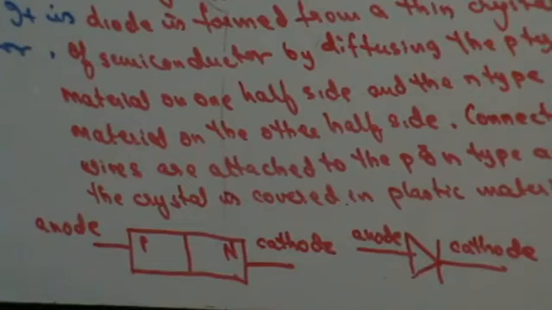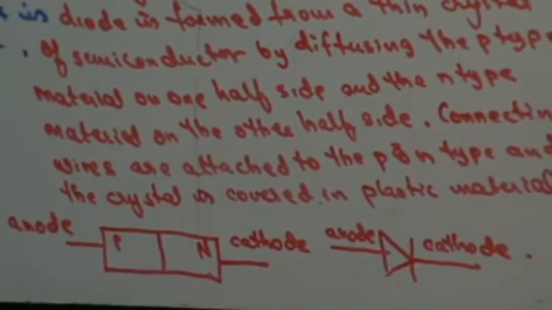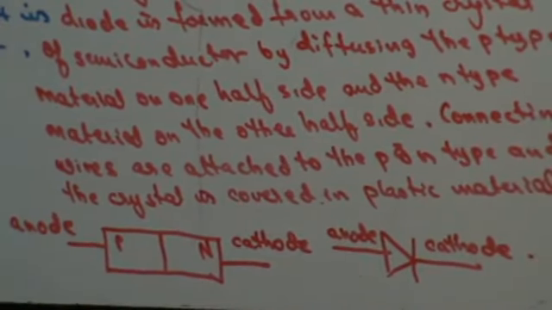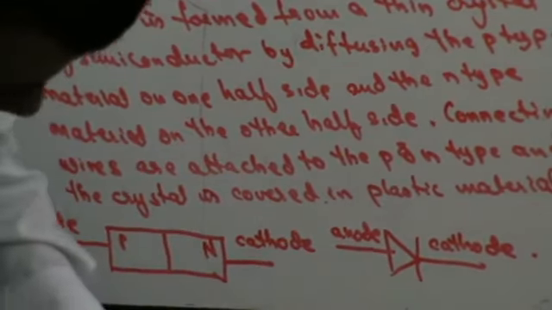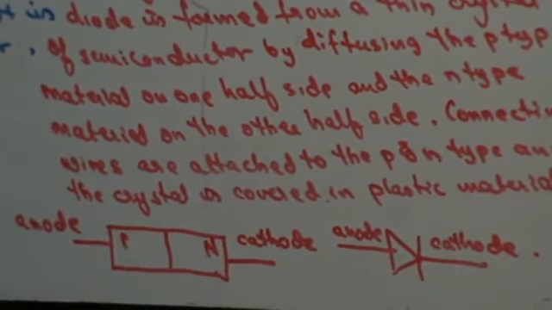Now, let's see how a PN junction diode produces a potential barrier. Let's consider a PN junction diode.